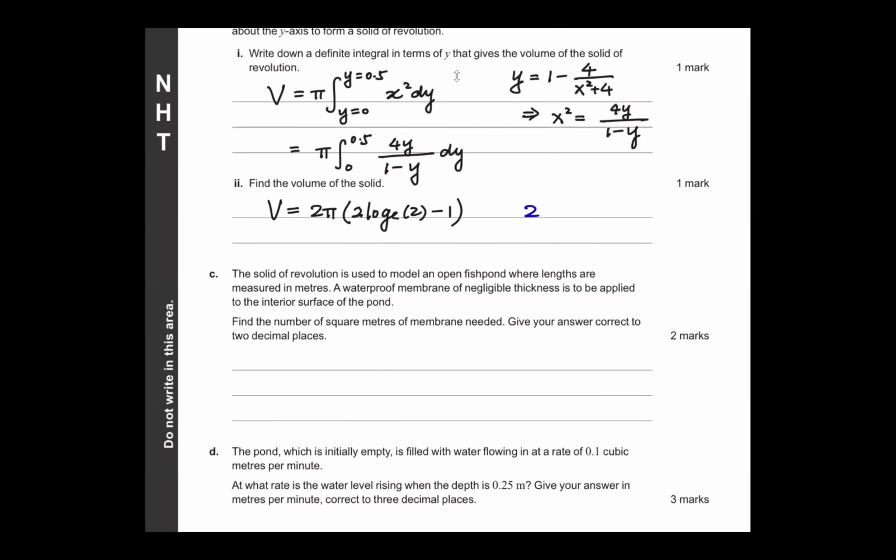And some of you might obtain something like this. Eventually, you have a pi in the whole expression, okay? Or sometimes you may write it like 4 pi log e of 2 minus 2 pi, whatsoever. These are all equivalent answers. As long as you don't write a decimal approximation or miss your pi, you should be fine.